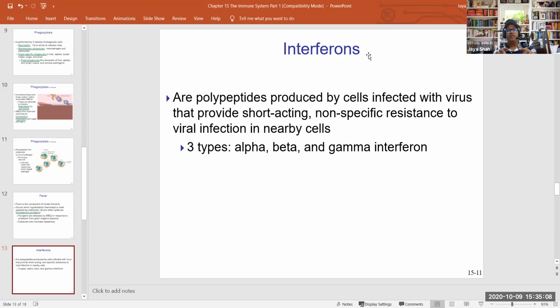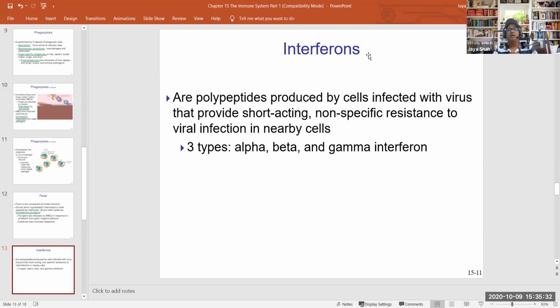And those proteins then cover the normal nearby healthy cells and protect them from viruses. And that is interferon. So interferon protects healthy cells from virus infection.